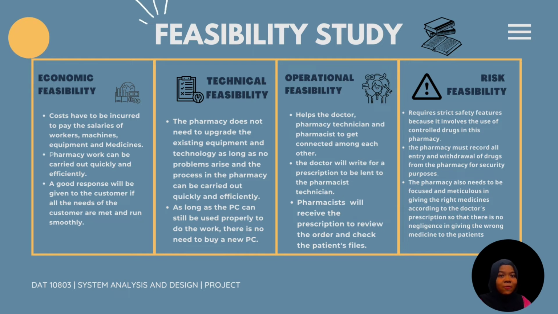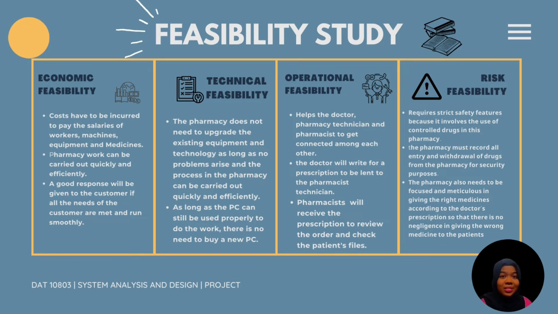Third, operational feasibility. The system systematically helps the doctor, pharmacy technician, and pharmacist. For example, the doctor will write all prescriptions to be sent to the pharmacy technician. Then the pharmacist will receive the prescription to review the order and check the patient file.